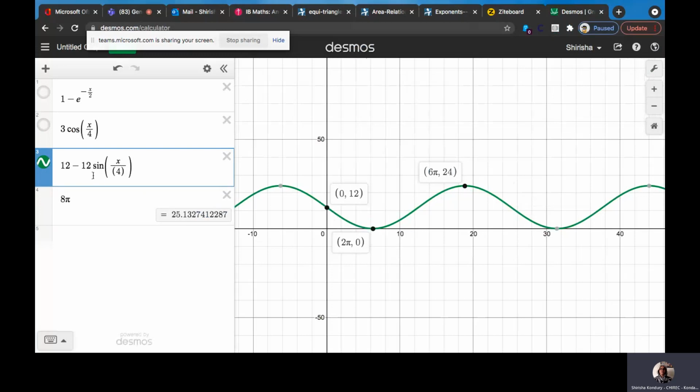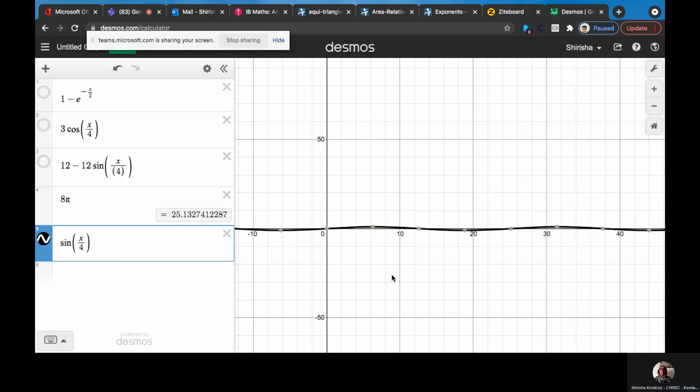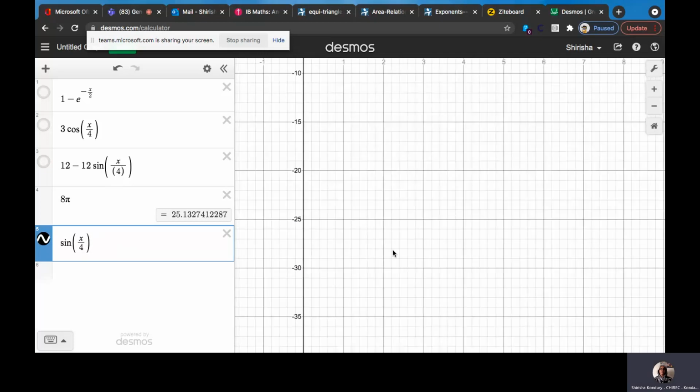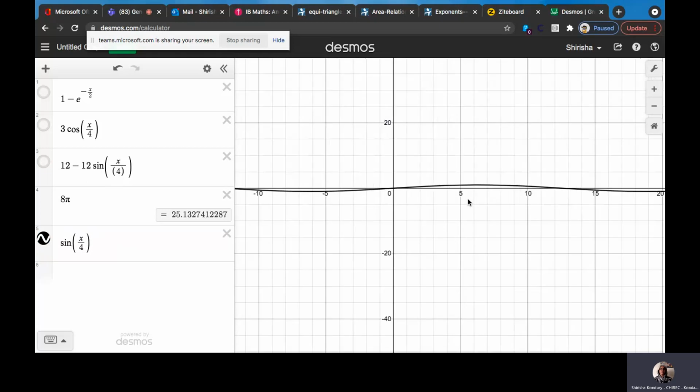Is it easy to graph this without the calculator? Well, yes, think of it one by one. If this question was without the calculator, sine x by 4, how is that? x by 4 means it is slower than the original sine function, correct? So I'm looking at a time period of 8 pi instead of 2 pi.